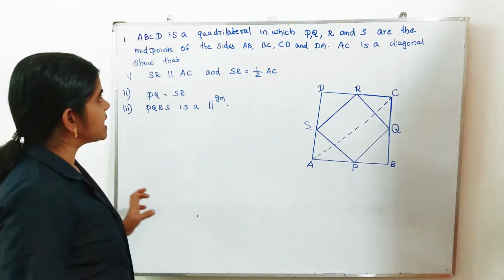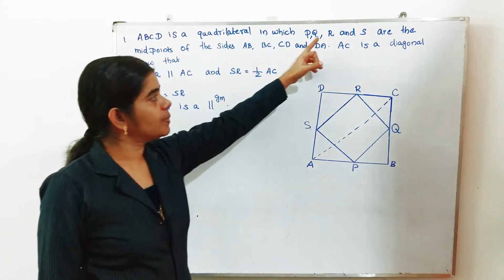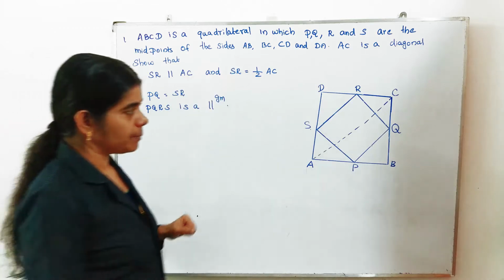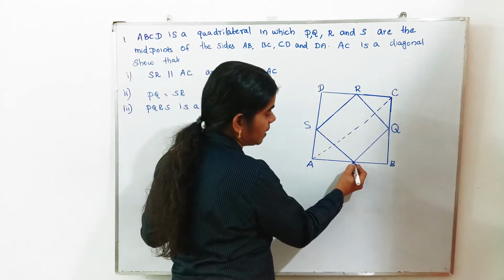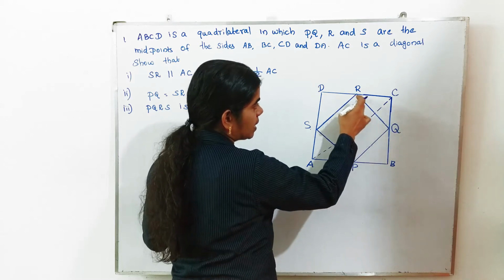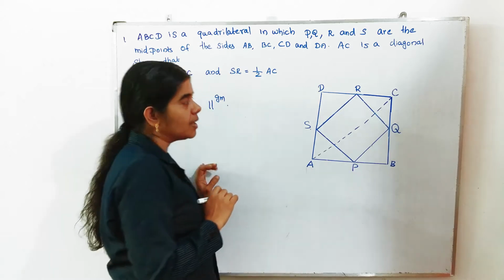One question. ABCD is a quadrilateral. P, Q, R and S are the midpoints of the sides. The midpoint of AB is P, the midpoint of BC is Q, R is the midpoint of DC and S is the midpoint of AD.